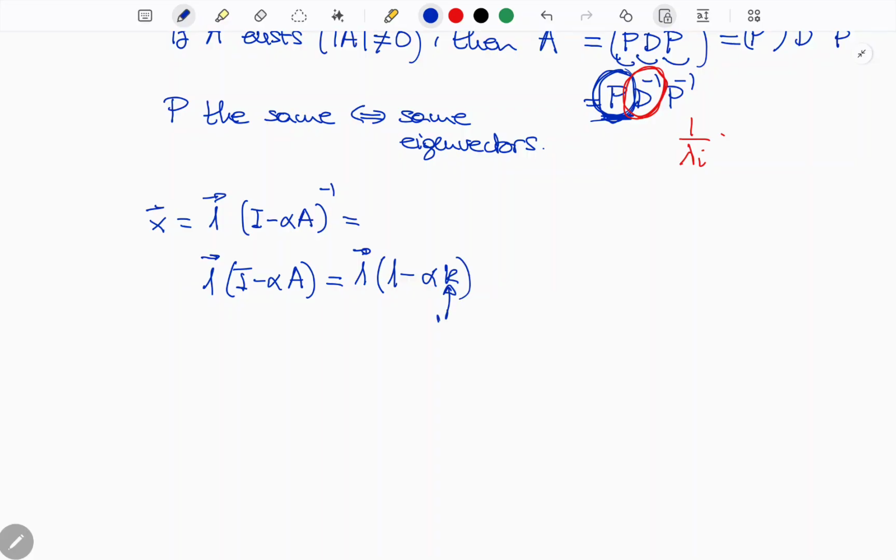Remember that K is the eigenvalue related to this eigenvector. So this means that 1 is an eigenvector of this matrix, so it's also going to be an eigenvector of the inverse of this matrix. And remember that the eigenvalues are given by the inverse of this eigenvalue.